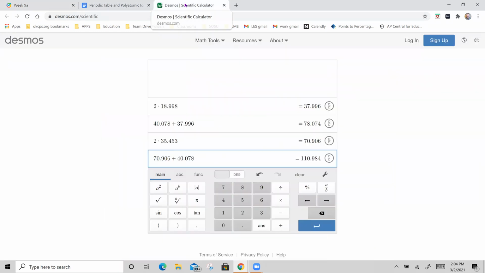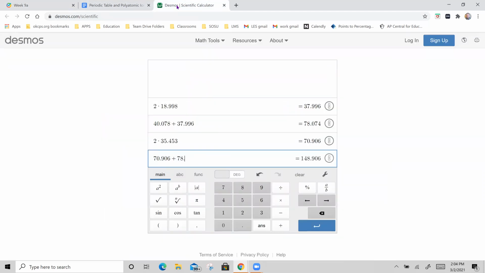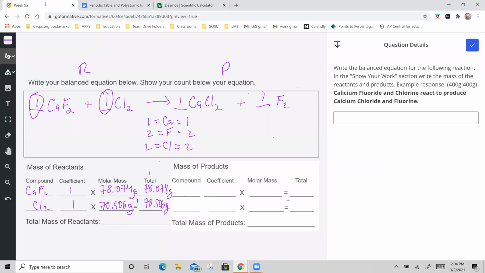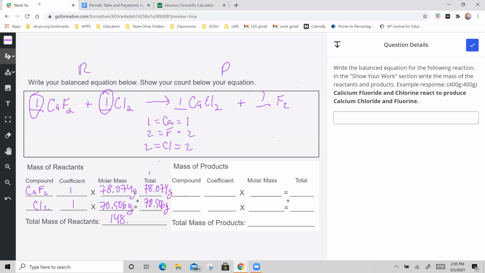On the calculator, 70.906 plus 78.074, and we get 148.98 grams.